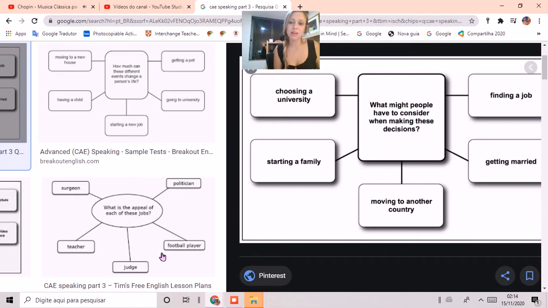You can let the other candidate start, and you can follow him in the discussion, in the topics, right? But if you're feeling very comfortable and confident, it's a good idea to start, because you can start by showing your fluency and by showing your points of view, and this is going to leave a good impression on the examiners, right?